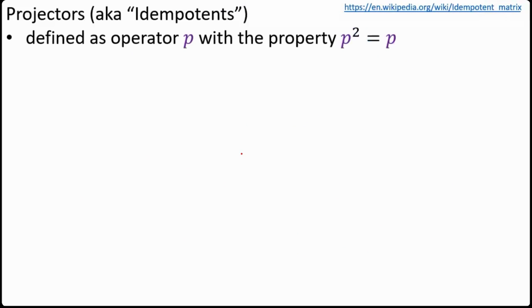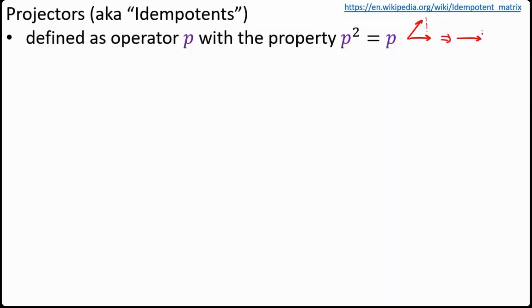So a projector is also called an idempotent. Projector is definitely easier to say. Basically, it's an operator with the property that if you square it, it just goes to itself. So if you have a vector and you project it down to the ground, you get something like this.